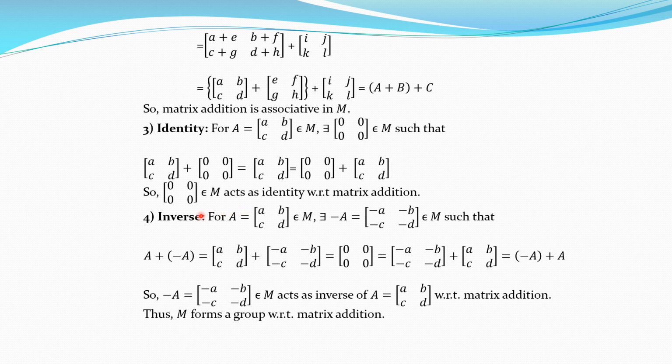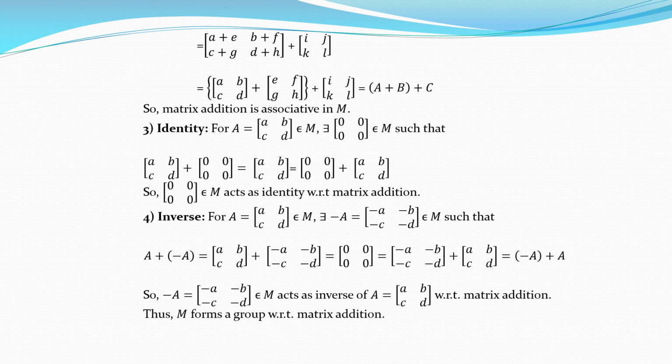Same way in B, if we add minus B, then only we get that element as 0. So for the matrix A, B, C, D, we must add minus A, minus B, minus C, minus D, then only A plus (minus A) is equal to (minus A) plus A is equal to the 0 matrix, which is identity. So for every matrix A, minus A acts as the inverse of A with respect to matrix addition.